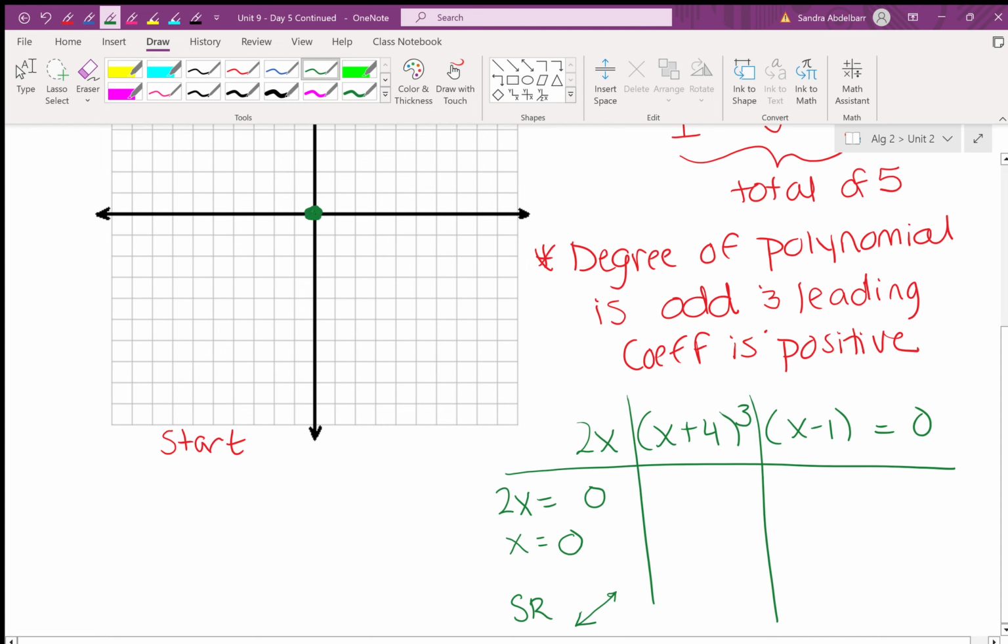Okay, but now I need to turn, right? How do I turn? Do I turn with a V or do I turn with a curve? Turn with a curve. So now I need to turn with the curve and go through my next root, which is 0. Isn't that a single root, which is a straight line? So I'm going to do a nice rounded curve, but then go straight through.